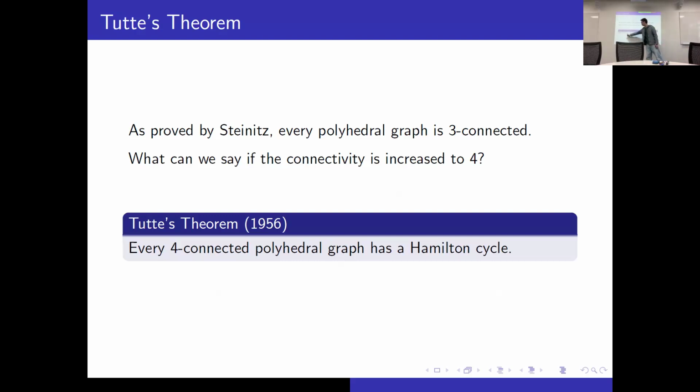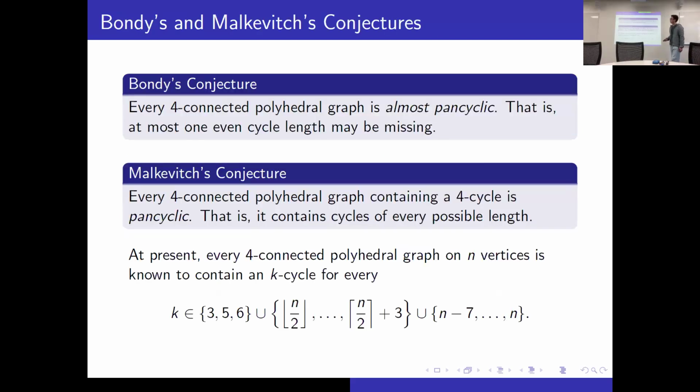If we raise the connectivity from 3-connected to 4-connected, then your polyhedral graph must have a Hamilton cycle. And there are some conjectures that want to improve Tutte's result, but both of them are still largely open.